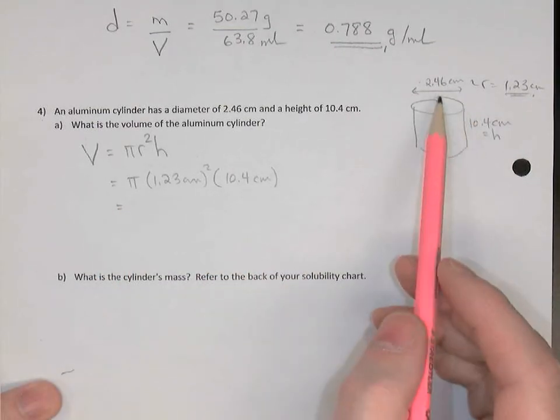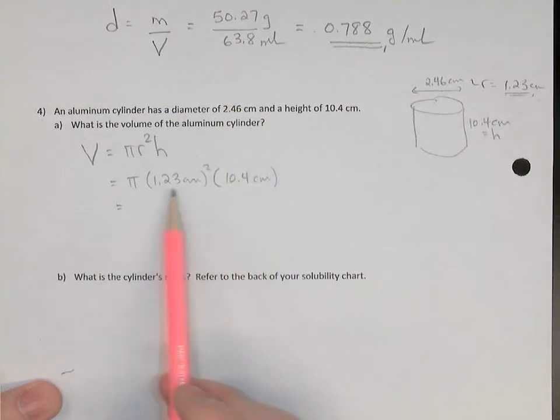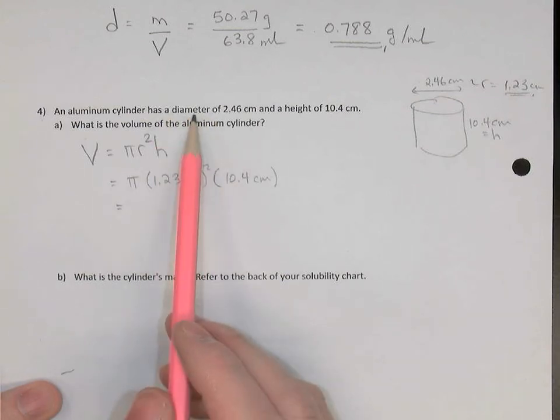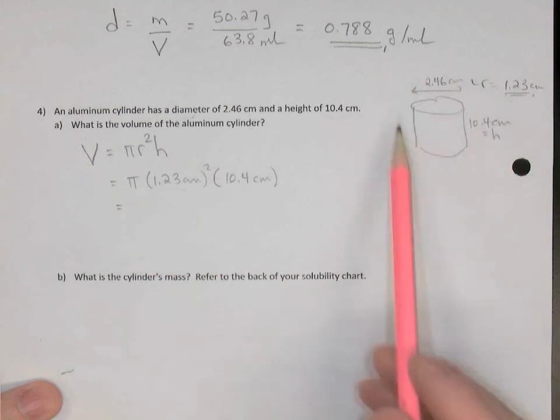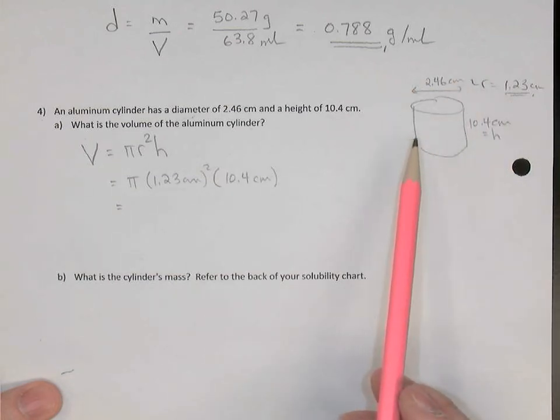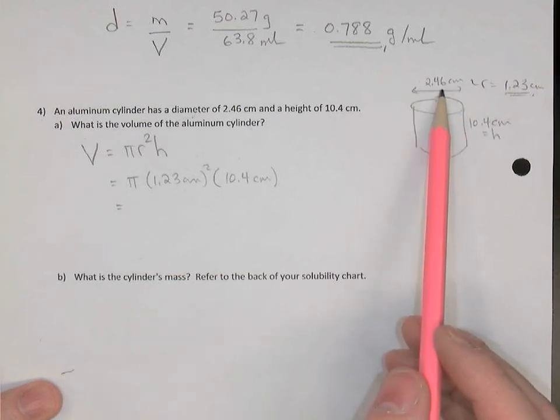Notice that some people would have made a mistake of simply putting 2.46 as the radius, even though the question says diameter. That's partly because they're not reading the question carefully, but notice by drawing that picture on the side, it just made it a little bit harder to make that mistake, because I've shown in my picture that the 2.46 is a diameter.